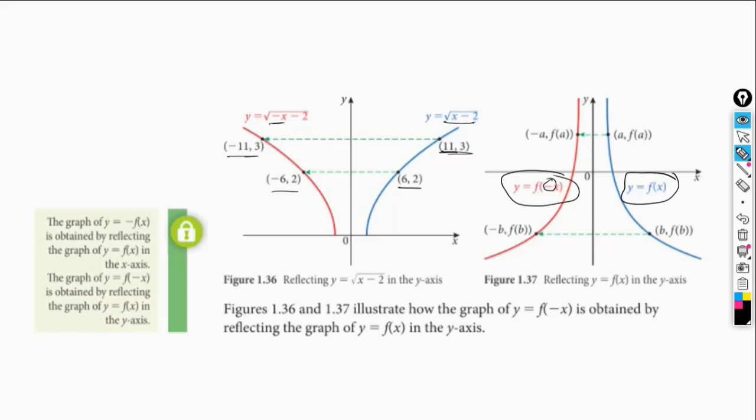So to the left, you see the general rule. The graph of y equals minus f of x is obtained by reflecting the graph of y equals f of x in the x-axis, or across the x-axis, I would say. The graph of y equals f of minus x is obtained by reflecting the graph of y equals f of x across the y-axis.